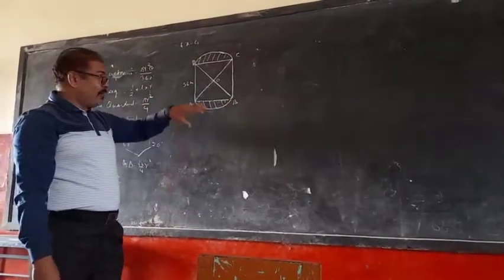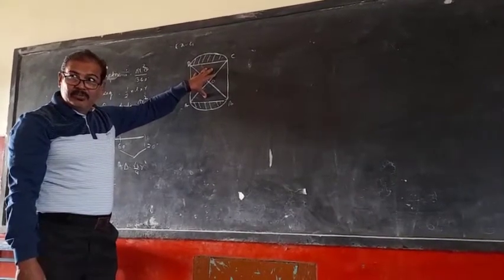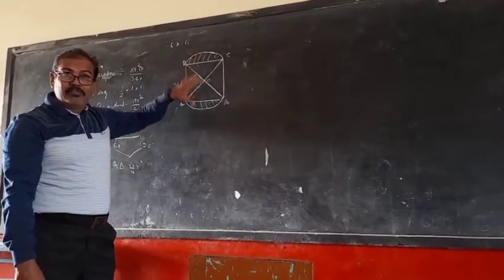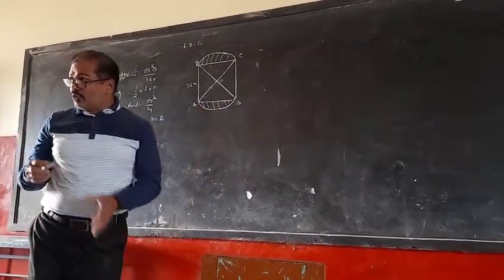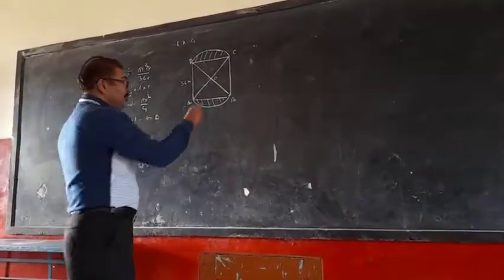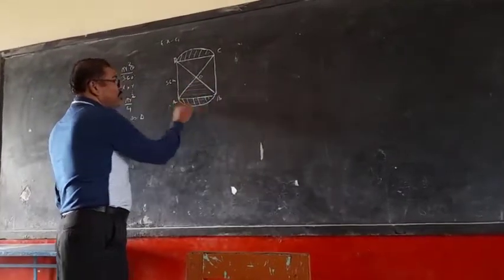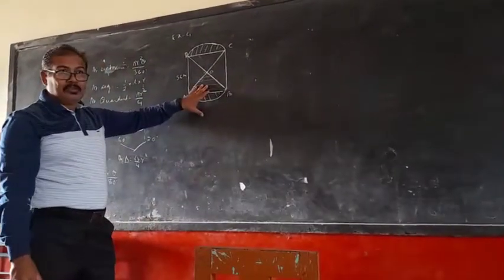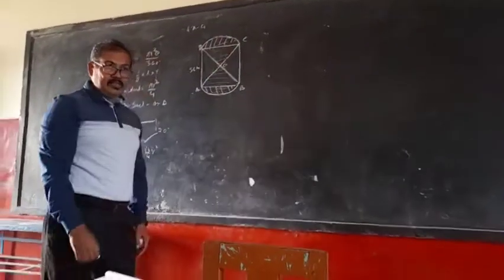So what do we have to find? We have to find the area of the park which was in the beginning plus the area of the extended flower bed. Now if we closely observe this figure, this shaded region represents which part of the circle? This is also a sector.